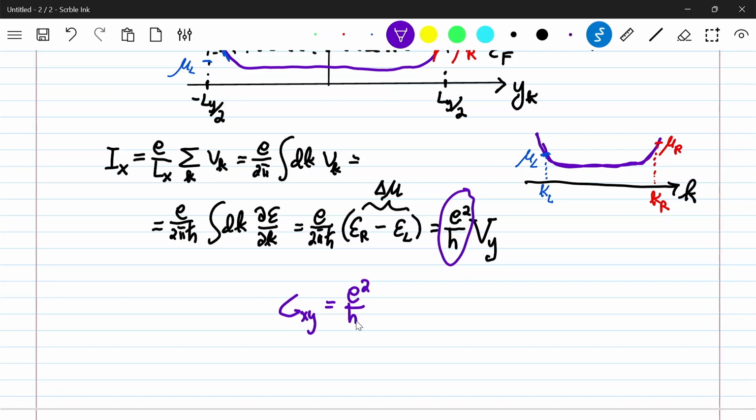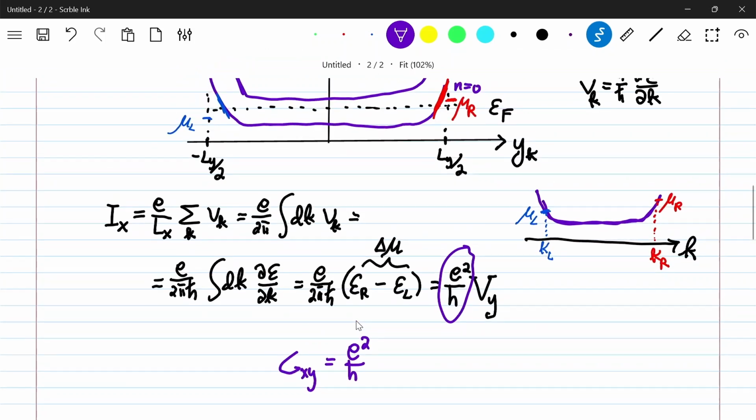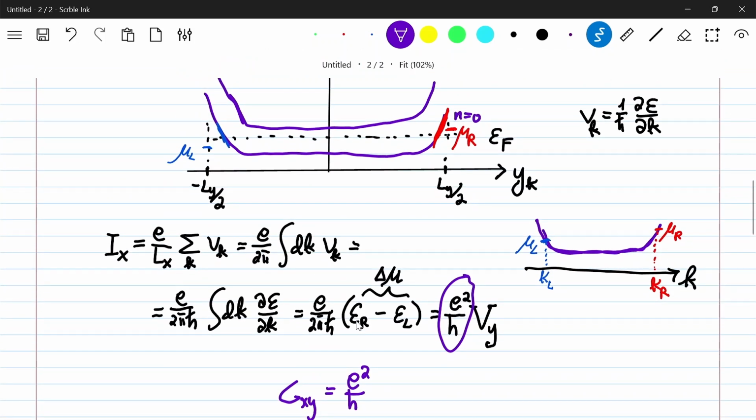That's the integer quantum Hall effect, and that's the result coming from one Landau level because of its edge states. If my Fermi energy is higher and it crosses more than one Landau level, I just get some integer times the same thing. So each Landau level has its own contribution.